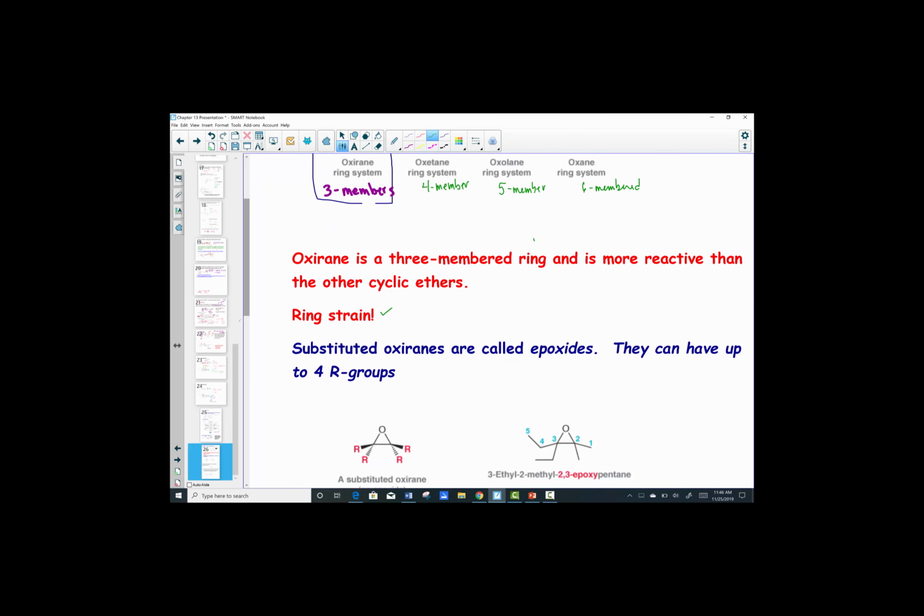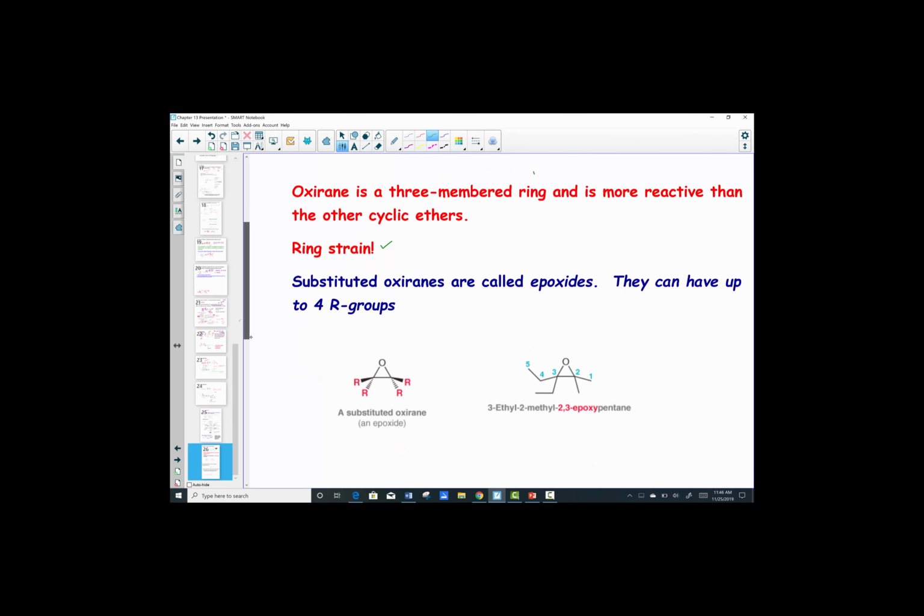These 3-membered ring systems can have substitutions on them. So if we have a 3-membered ring from up above, and you can see carbon 1, carbon 2, and then the oxygen is the 3rd member of the ring, you can see at those 2 positions of carbon, you can have up to 2 substitutions each, making a total of 4 possible.